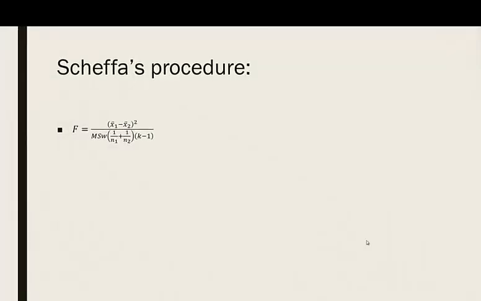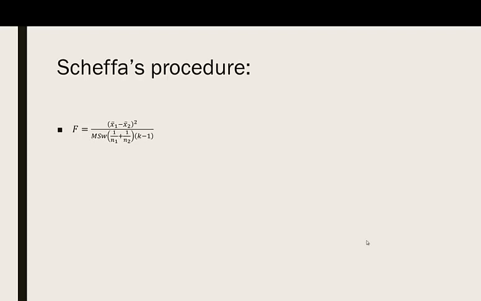And this is the formula that we use for Scheffé's procedure. And we're going to find an F value by comparing our two individual data points from either A or B, or A and C, or B and C. And you see, we'll use the mean squares within, we'll use the number of groups we have.